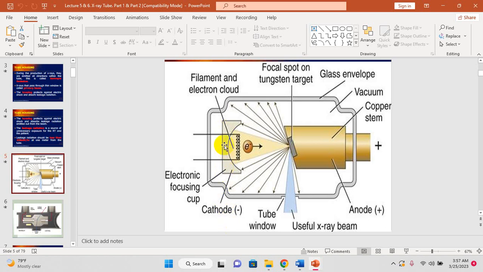This is where the heating of the cloud takes place, and it will be bombarded to this anode area here. The X-rays that pass through this thin window here are what we call the useful X-ray beam, because that will enter the patient and become an image.